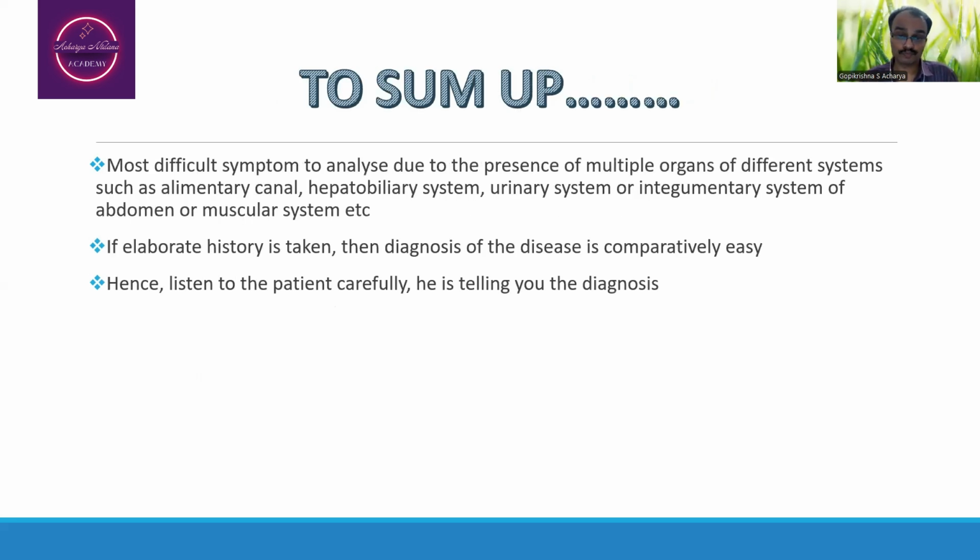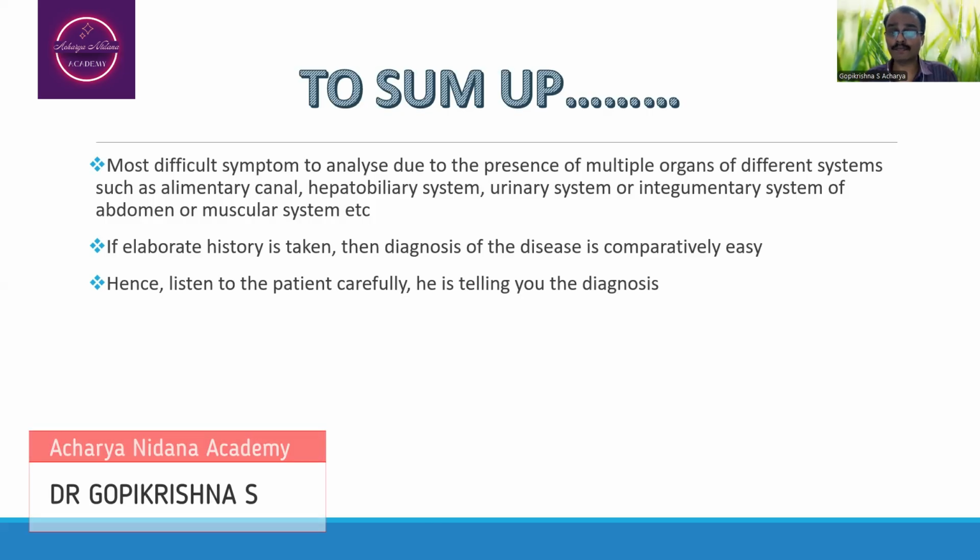To sum up, abdominal pain is one of the most difficult symptoms for making the differential diagnosis. If you are very keen about the onset, duration, location, character, radiation, severity, course of the symptom, aggravating and relieving factors, and negative history, then accurate diagnosis of the disease is comparatively easy.